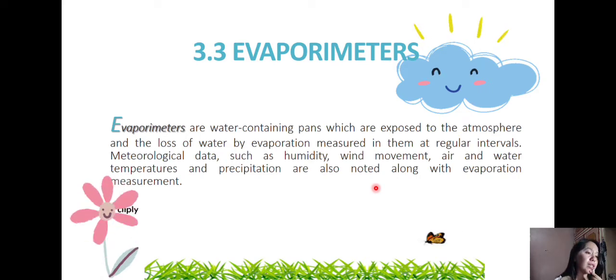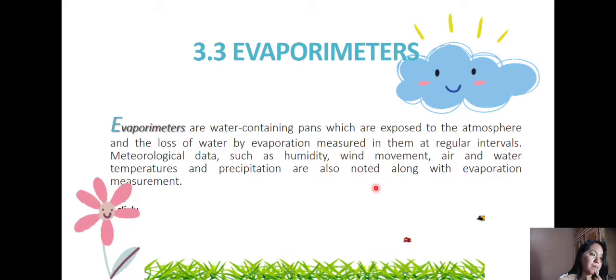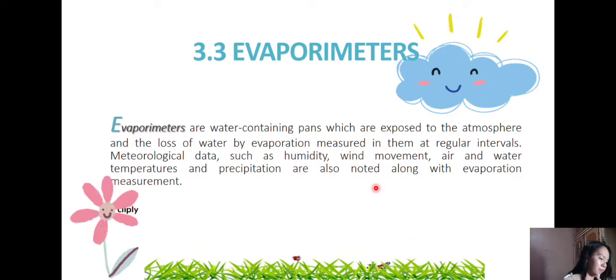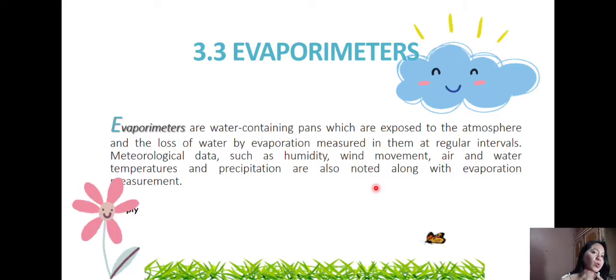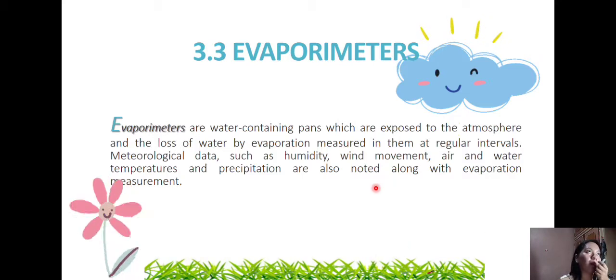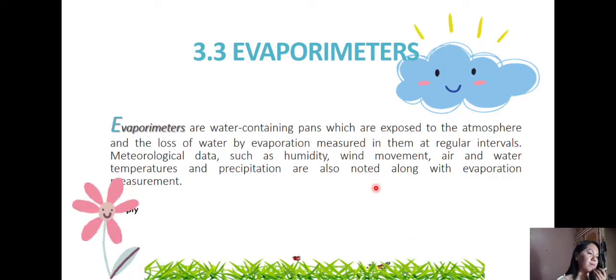Meteorological data such as humidity, wind movement, air and water temperatures, and precipitation are also noted along with the evaporation measurement. One method used to estimate how much water evaporates from bodies of water is using evaporimeters.